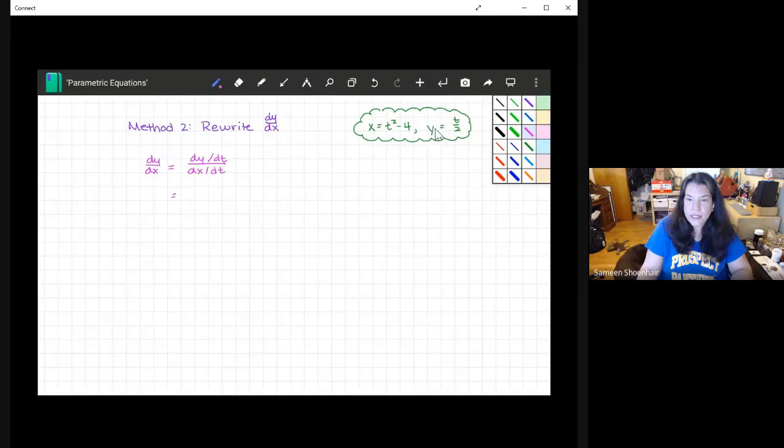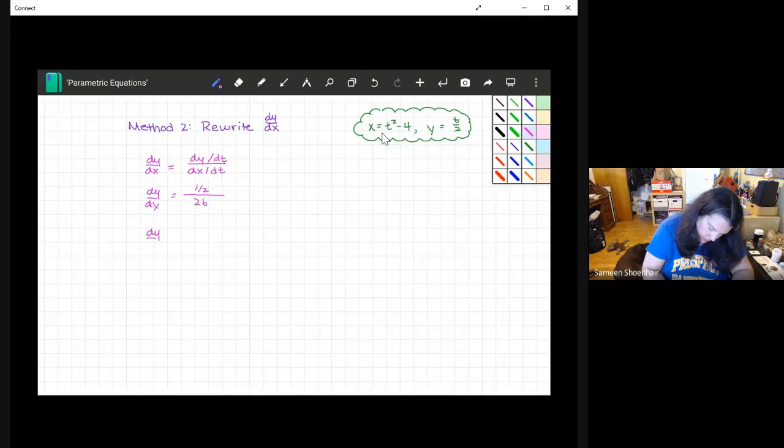So dy/dt, this one over here, is going to be 1/2. And dx/dt, the derivative of this equation here, is going to be 2t. So dy/dx is 1 over 4t.